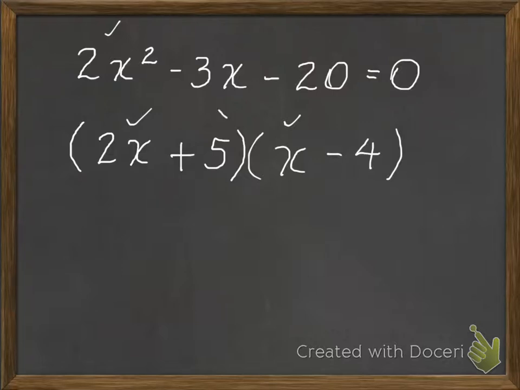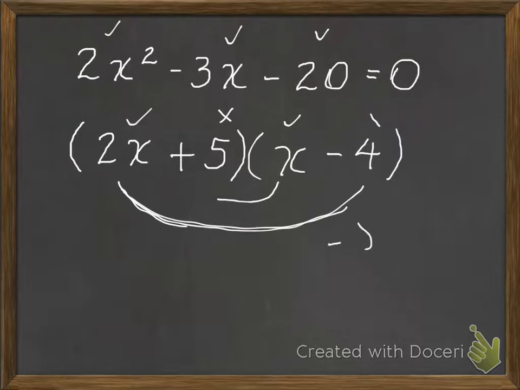And I guessed these last terms, which multiply to give me this last term, and checked to see whether my outer plus my inner gave me the middle term, which it does, because minus 8x from here, it's the outer, plus the inner, which is 5x, gives me minus 3x, which is my middle term.